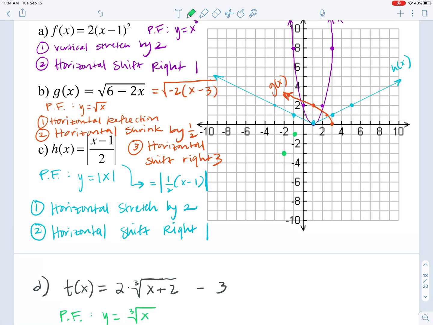The point that's at negative 1 on the parent function, vertical stretch would put me at negative 1, negative 2. Horizontal shift left 2 would put me at negative 3, negative 2, and then down 3 lands me at negative 3, negative 5.